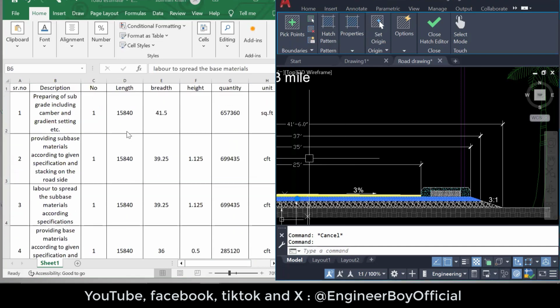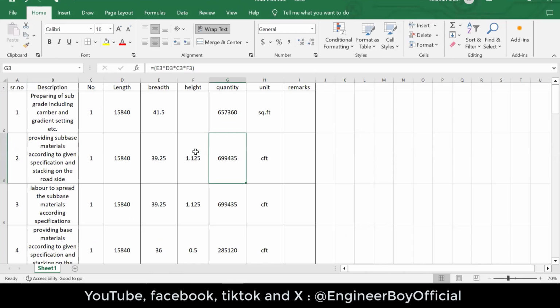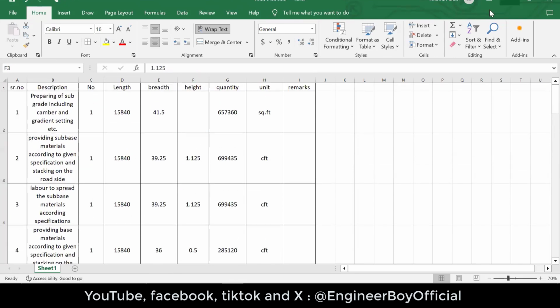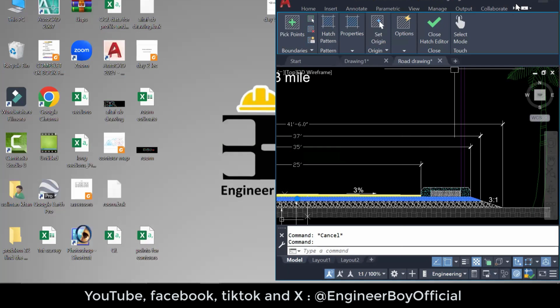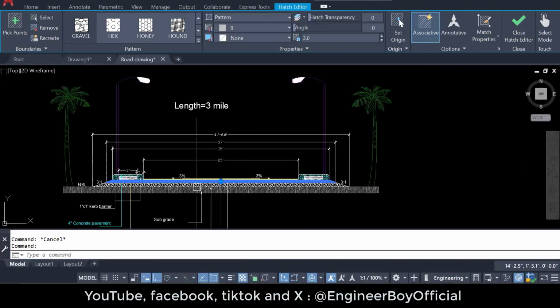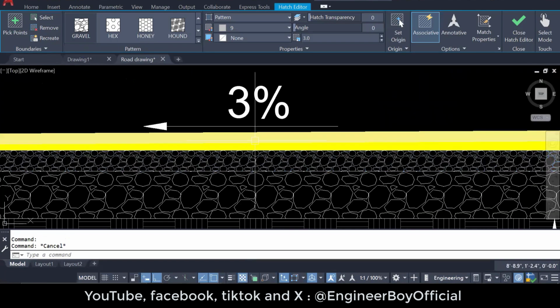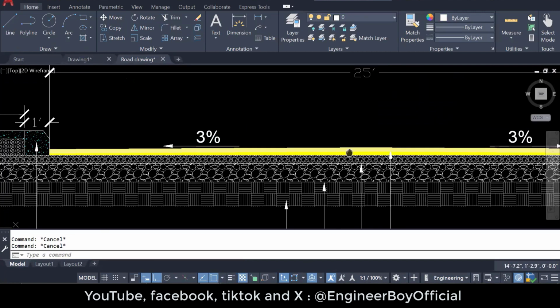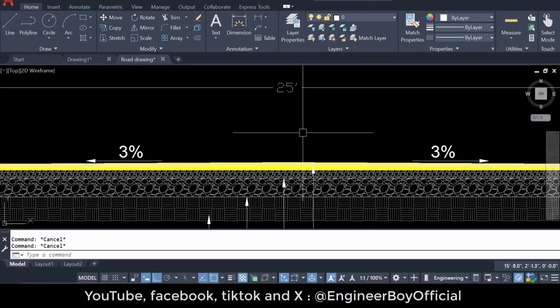These things are, if you remember, the same thing we have just done some time ago for the waterbound macadam road, okay? However, in the waterbound macadam road, there was no topping or surfacing. This time, as you can see, we have surfacing. And there is even camber over there, which is 3%.